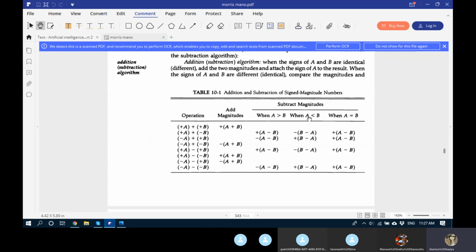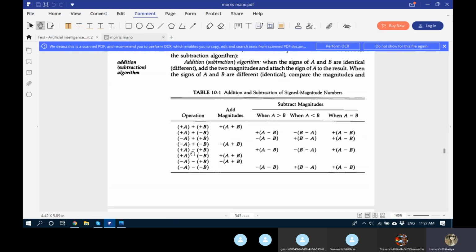When A is less than B, then the result is positive. In this case, essentially because of the two minus signs, the result will be minus, but the operation is plus. The result will get a negative sign.